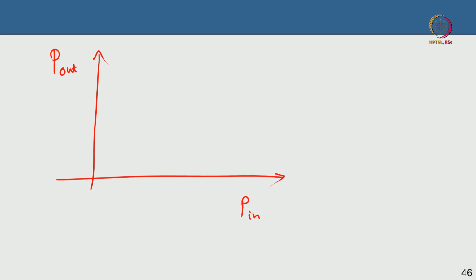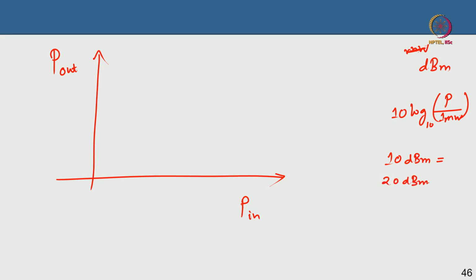The first thing to understand is that instead of milliwatt or watt, people refer to it as dBm, and I told you dBm is nothing but 10 log to the base 10 of the power that you are talking about divided by 1 milliwatt. This is your dBm.